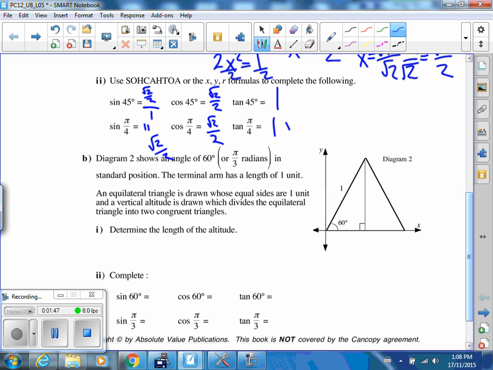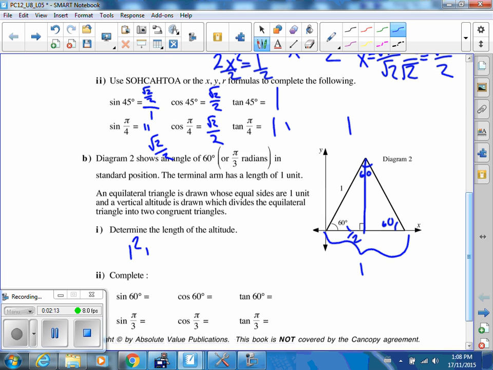Okay, here's our 60. In 60, this would also be 60, and this would also be 60, and then halfway across would be the 30. So it turns out that if this whole thing here is 1, this is 1/2, right? Now, if we have that, this piece here is, again, a squared, b squared, c squared.